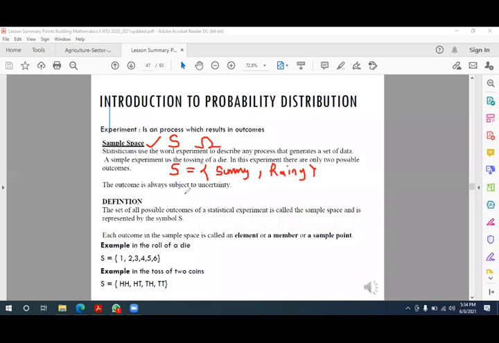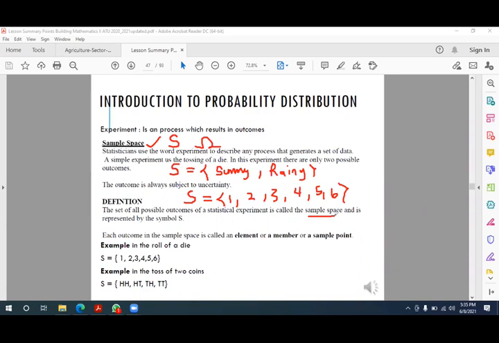So in such an experiment, we are going to have S or omega to be 1, 2, 3, 4, 5, and 6.